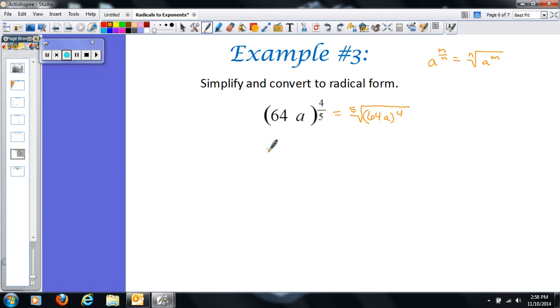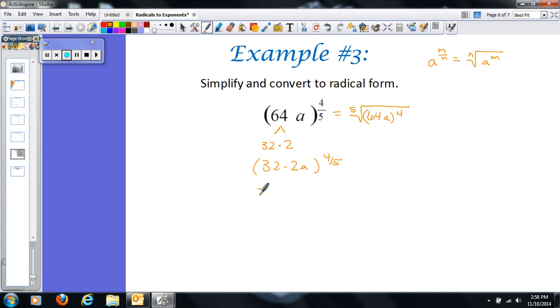So I know I can separate 64 into 32 times 2. And I also know that with that being the case, we got 32 times 2a to the 4/5.